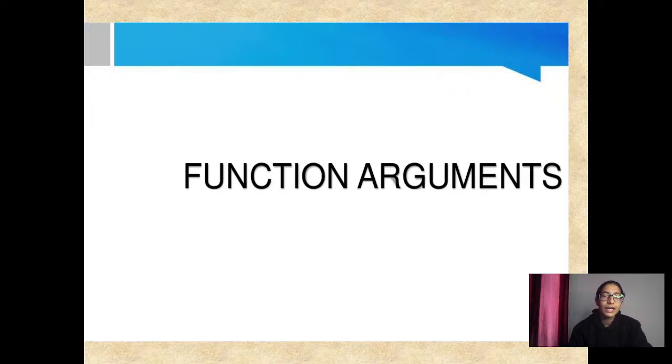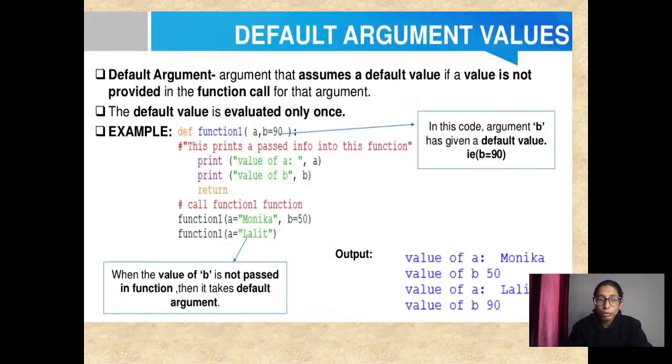This is not compulsory, like you need to add only one or two or three or four. You can add as many arguments as you need, but they are separated by commas. It depends upon me how many arguments I need, correct?